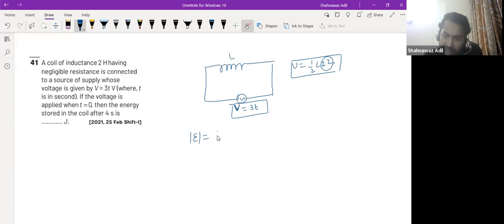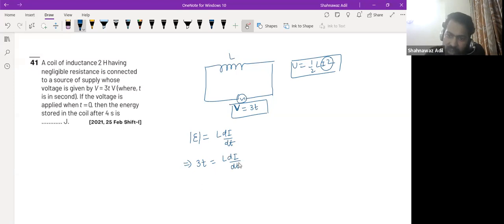This is L di by dt, right? So if we put in this value, the EMF is 3t, and this is equal to L di by dt.